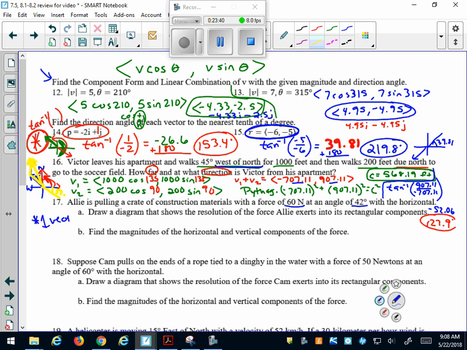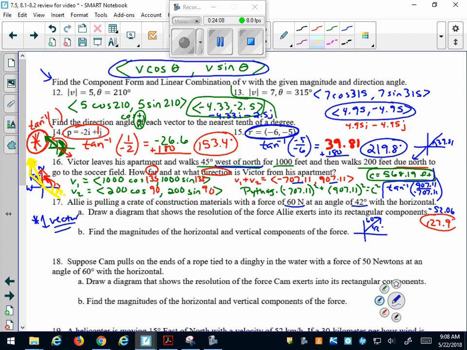So we're not going to need to add them or do Pythagorean theorem with them. We are just plugging in to our horizontal and vertical components, and that is all we need here. So our diagram is going to look like this. 42 degrees, and she's pulling 60 newtons up.